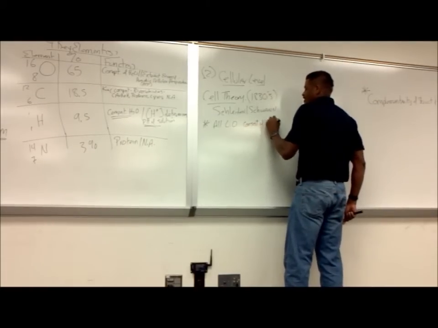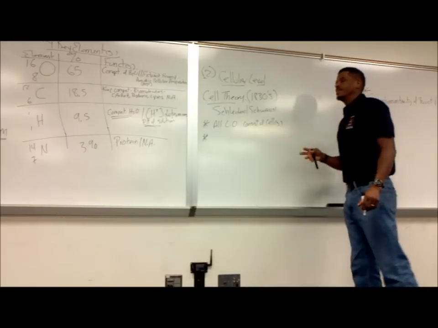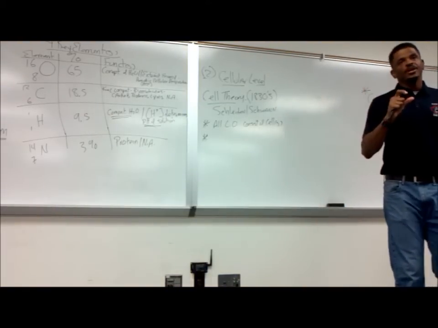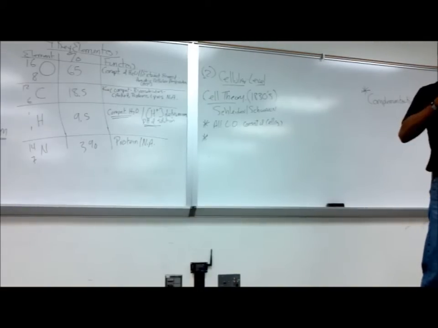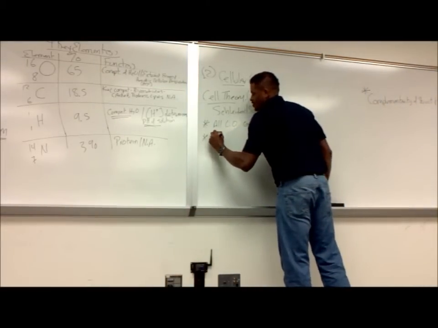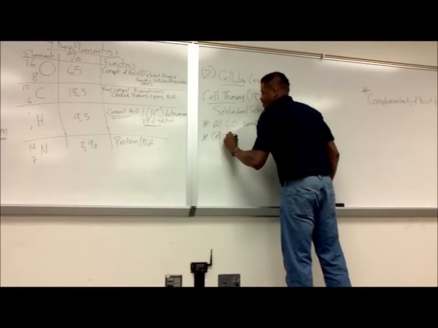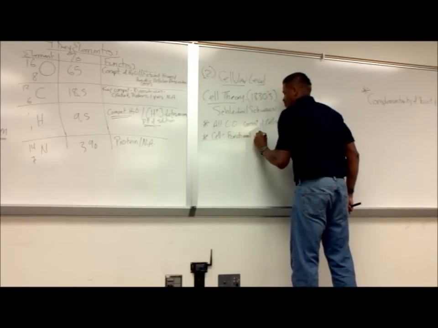They also state that the cell is the functional unit of life. So it's small, and has the capacity of maintaining the processes associated with life. So the cell is a functional unit of life.